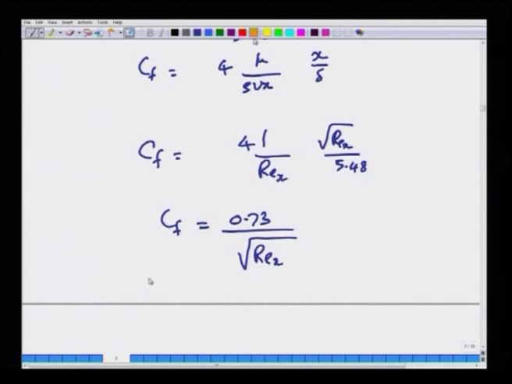So this is the expression for skin friction coefficient, which is the non-dimensional shear stress exerted by the fluid on the wall.